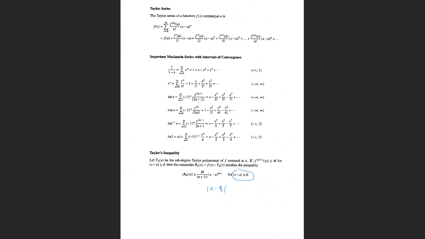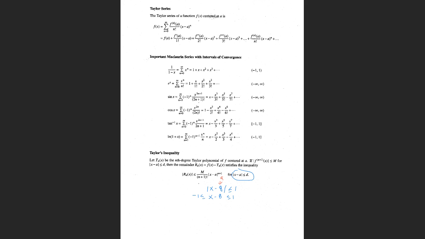So for our problem, if you have the absolute value of x minus 8 less than or equal to 1, and 8, by the way, is your a value, then x minus 8 is less than or equal to 1 and greater than or equal to -1.